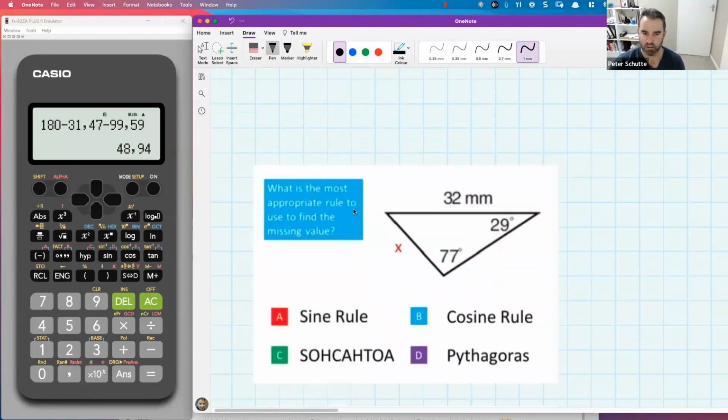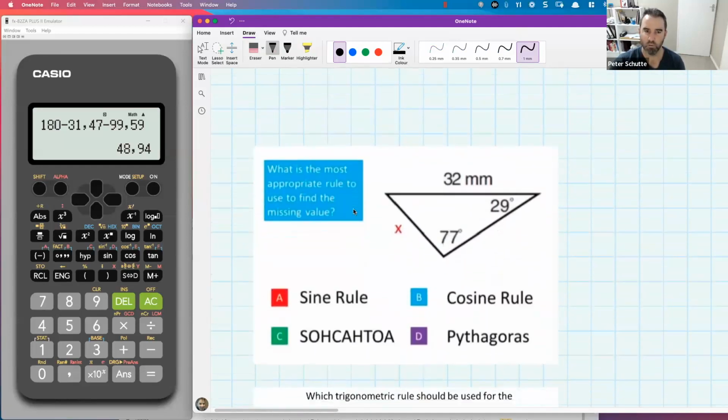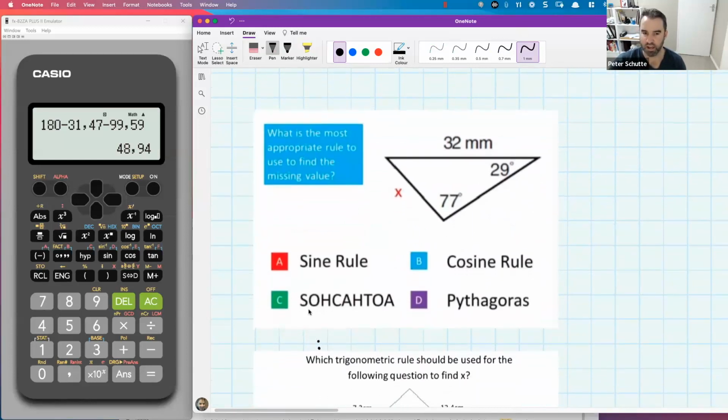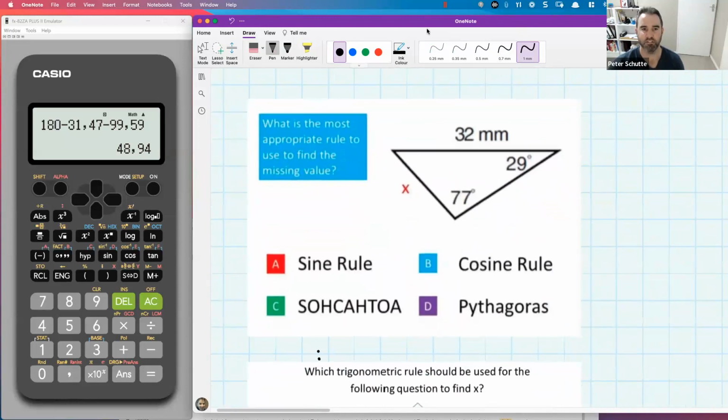Okay, what about this one? So again, for those who are new today, we have done quite a few lessons before this, but let's just have a look. What's the most appropriate rule to find the missing value x?